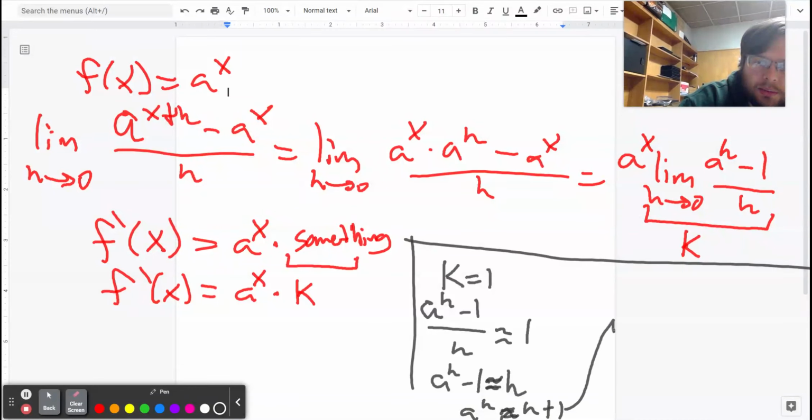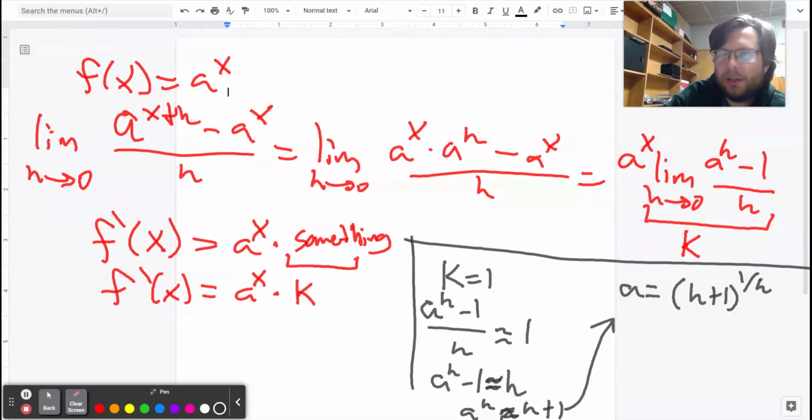Now, this doesn't seem very exciting yet, but I can raise both sides to the 1 over h power, and I get h plus 1 to the 1 over h. I'm going to make a weird little substitution here that makes a nice connection. I'm going to say the letter n, which I haven't used yet, is equal to 1 over h. And that's okay as long as h is not exactly equal to 0.